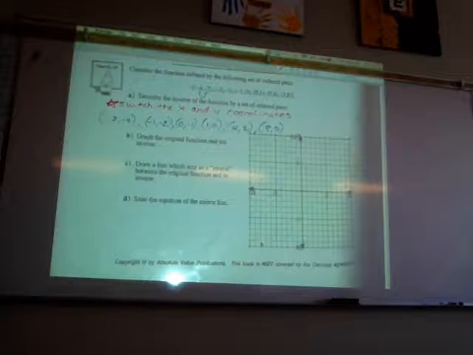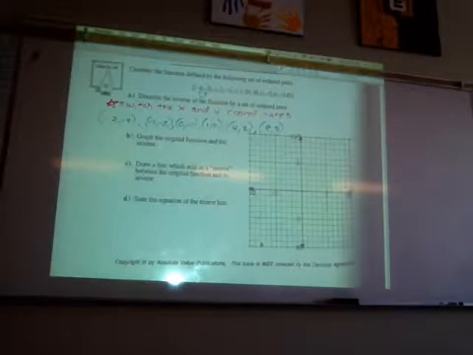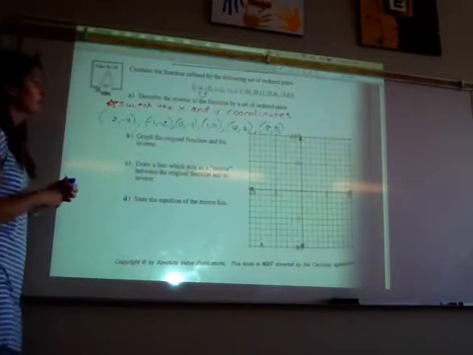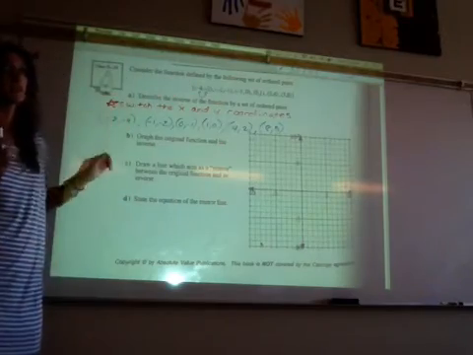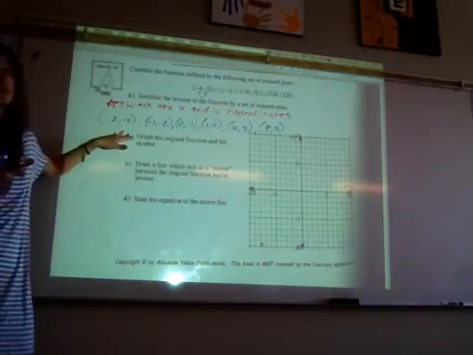What happens to the signs when we switch x and y? Do they change or stay the same? Good, they stayed the same. We don't change the signs of x and y, we just literally switch x and y. So why don't we use one color to graph the points of the original function, and then we'll use another color to graph the points of the inverse.